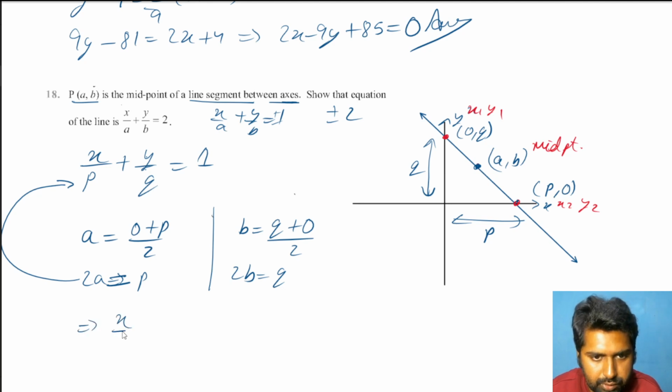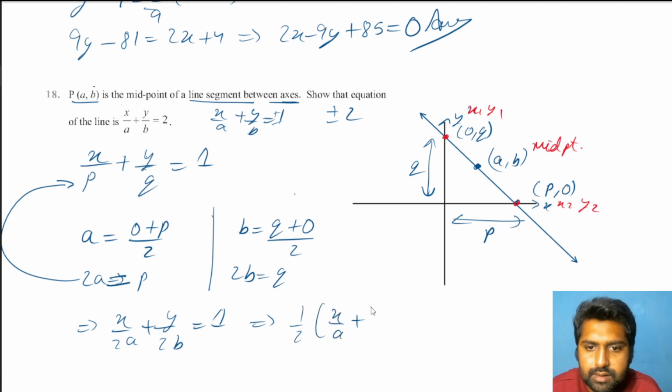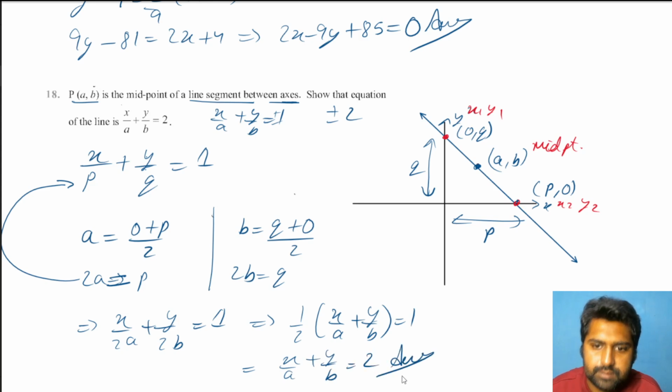So I get x upon 2a plus y upon 2b equal to 1. Take 2 common, so 1 by 2 times (x by a plus y by b) equals 1. One more step, take 2 to the other side, so x upon a plus y upon b equals 2. That's our answer.